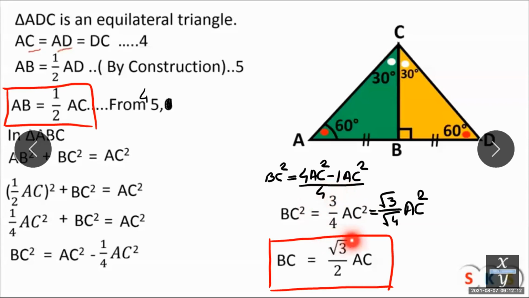Now as we have to find the value of BC only, and here is BC square, to find only BC we have to take the square root of both sides.